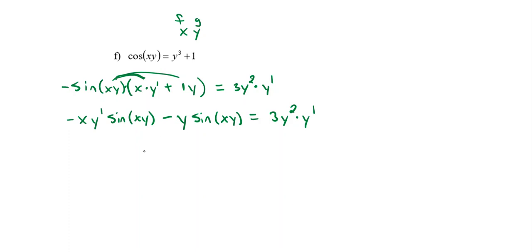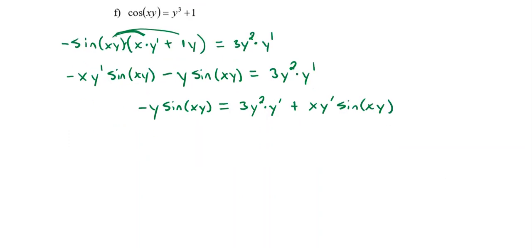So we'd have negative y sine xy, just that, is equal to, and then I'm just writing this one again, 3y squared times y prime. And then bringing this over, so now this would be plus xy prime sine of xy.